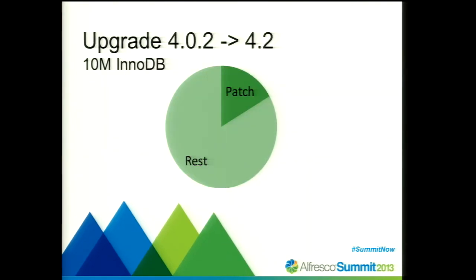So what happens if you ask for it? We took a 4.02 database with 10 million nodes in it and upgraded to 4.2. That upgrade took just over an hour on my laptop, as it happened, and it's about the same on a real machine. The metadata query patch part of that is 10 minutes.